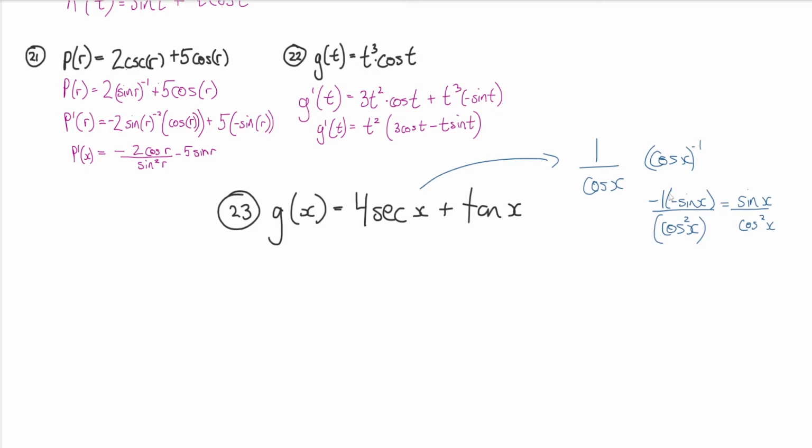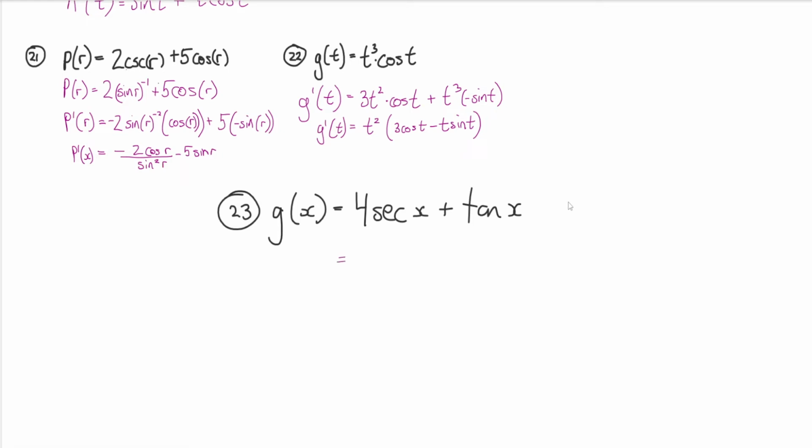Obviously for this one it doesn't apply, but if that was an f of x function, then we would just multiply by the derivative each time. So let's do it.